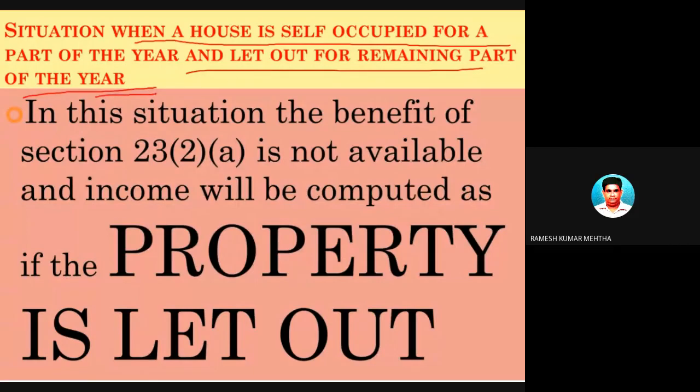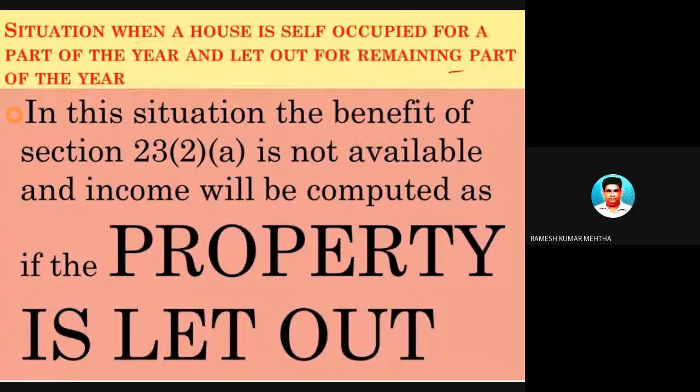For example, during the year 2019-20, which consists of 12 months, the first 6 months it is self-occupied and the remaining 6 months it is let out. Or 5 months self-occupied and 7 months let out. Or 3 months self-occupied and 9 months let out. In such a situation, we have to find out the income from house property by using the following steps or rules.